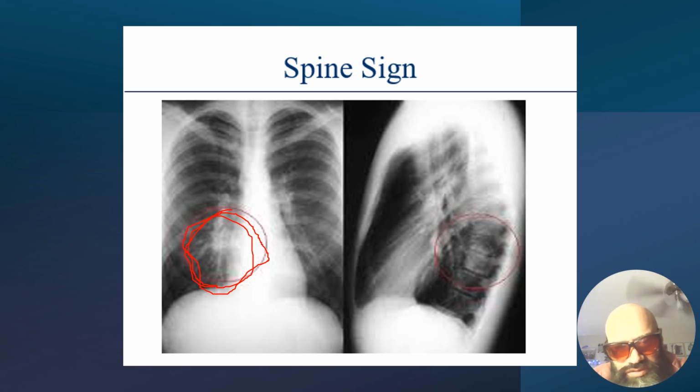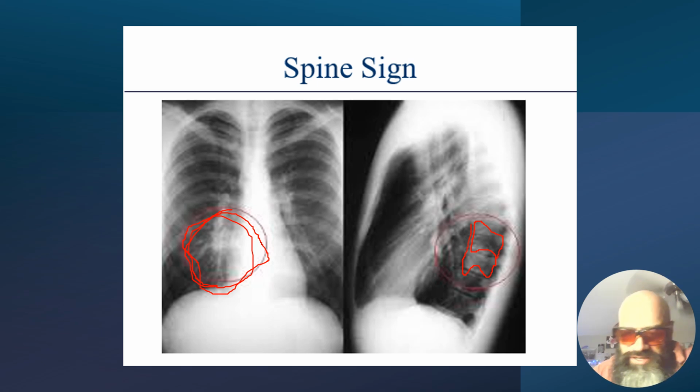We look at the lateral view. You can see that the lower thoracic vertebrae are darker, but part of the lower thoracic vertebrae is white, as we can see here. So this is an example of a spine sign where fluid accumulation or consolidation found within the lung tissues obscures the lower thoracic vertebral bodies from appearing as they should.